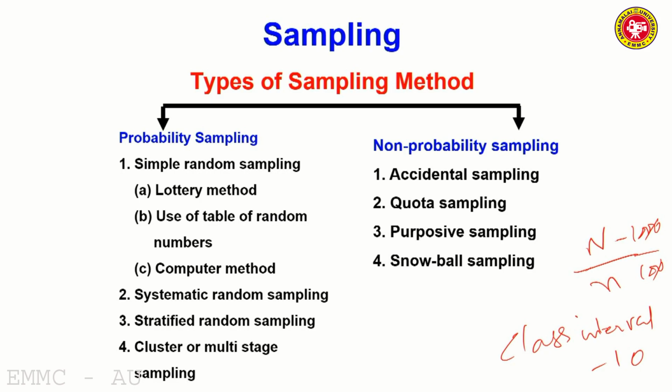Then next one is snowball sampling. What is snowball sampling? Suppose I want to make a study about Sri Lankan refugees in Madurai centre. First I have to identify one camp, suppose in Madurai Kudal Nagar. You can imagine there may be 5 camps in Madurai centre.